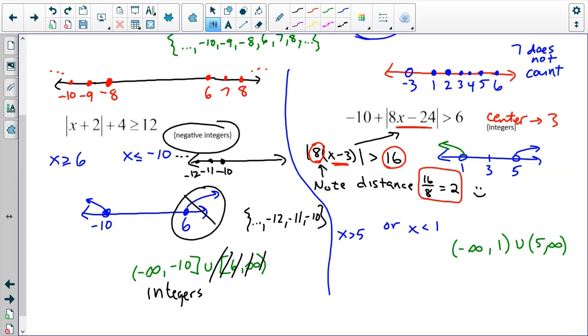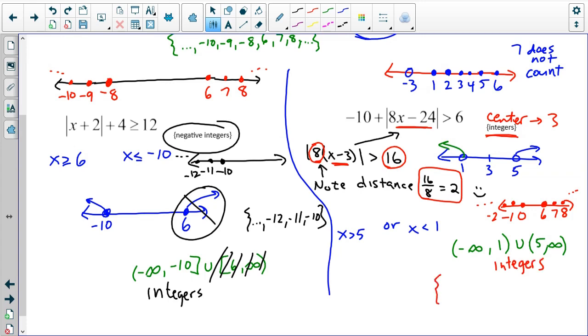Now in this problem, I'm dealing with integers only, so I'm not going to have arrows. I won't have 5 or 1 included either. So I'm going to start at 6 and go on forever. And I'm going to start at 0 and go on forever in the negative direction. So I could probably do this and say integers, but that's not very clear.